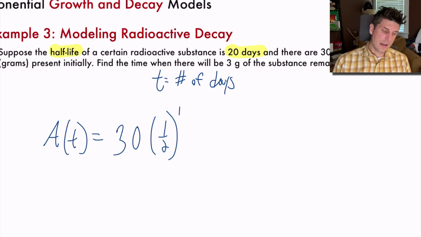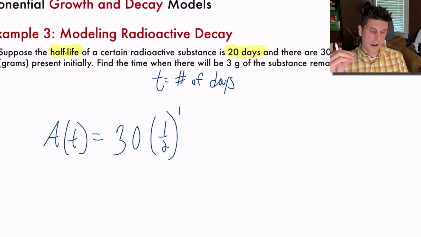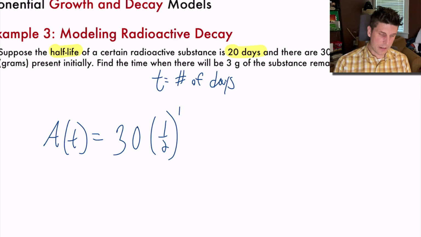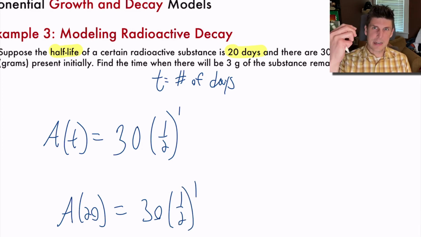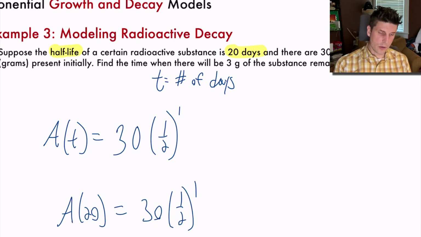So I need something so that I can plug 20 in and get A of 20 equals 30 times 1/2 to the first power. So how do I write that t exponent with a constant involved so that when I plug in 20, it actually evaluates to 1? So maybe pause the video and try to figure that out.